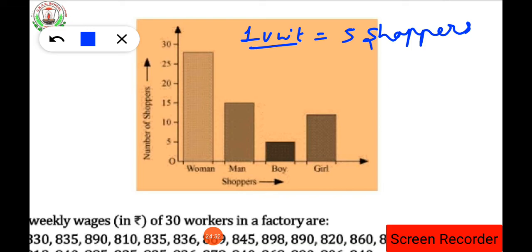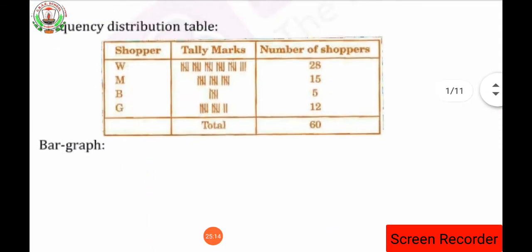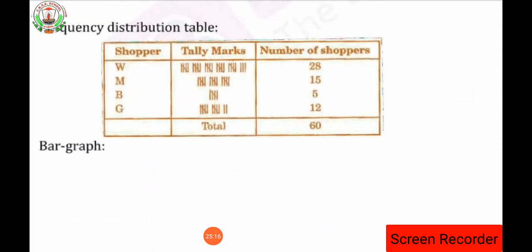Then after, the categories of persons, women, men, boys, girls, you have to write on the x-axis, and the number of shoppers, that means the number of persons, you have to write on the y-axis. So here you have to draw the bar graph. So this one is a bar graph for each and everything. Okay, so what is the frequency we are having for women?